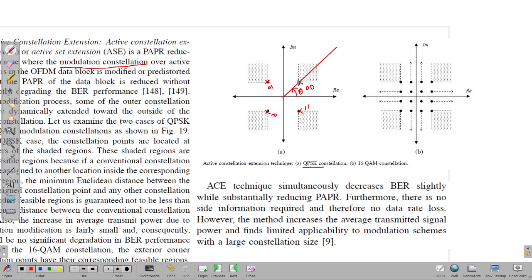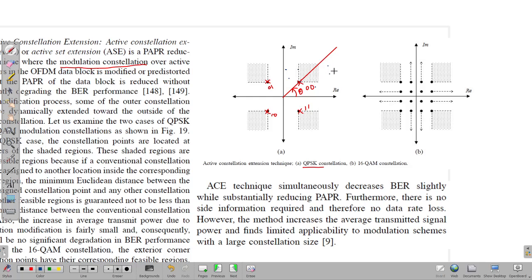If I move this constellation point to any point other than this line, then I'm changing its phase. If I move this point to some other point, I'm also changing its amplitude. So when this particular point moves to any other area, I'm changing its phase as well as its amplitude.